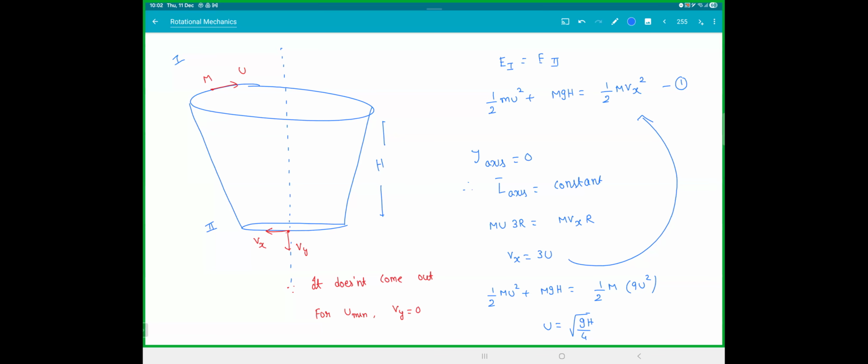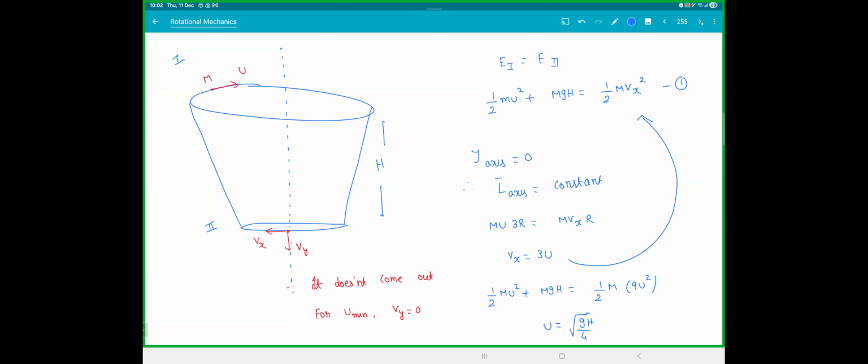Clear, Samir? See, the R shouldn't come in the picture anywhere. Any doubts on this? So one energy conservation and one angular momentum conservation, and you're done.